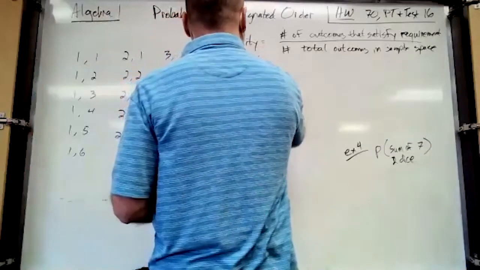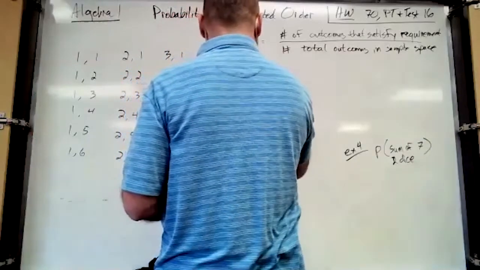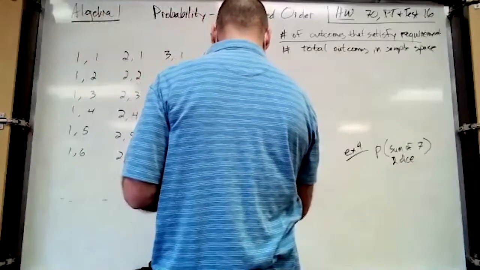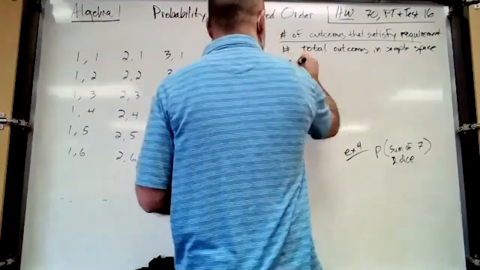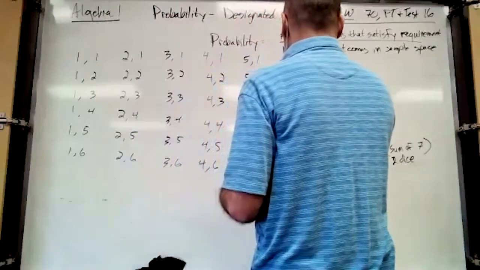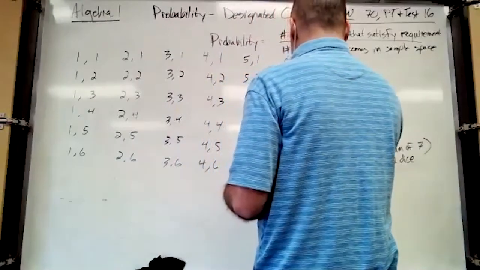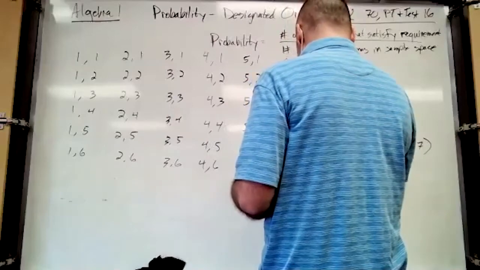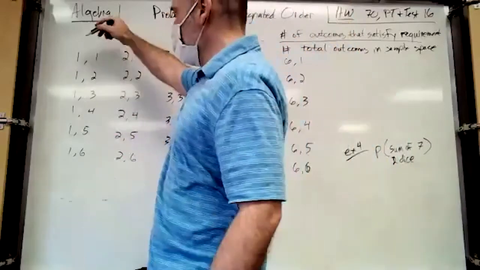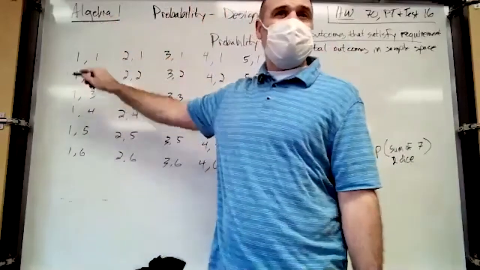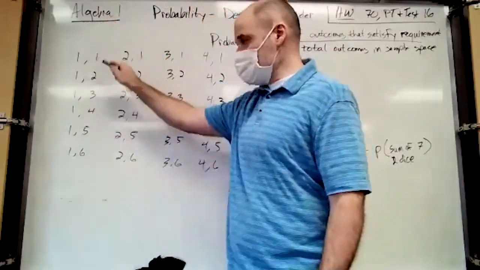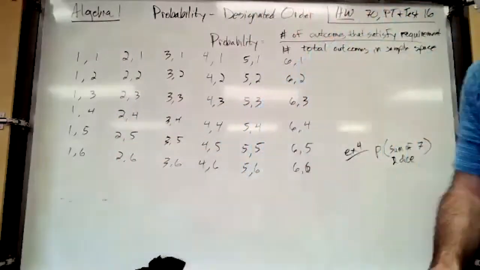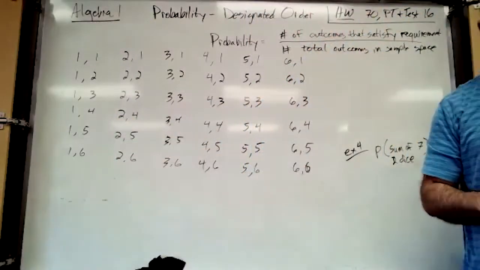This is a lot of work, but it's worth it so you can see it happening. You can see the visual of all the sample space here. See all these different possibilities, which makes sense because for every number that you get on the first die, you have 6 different possibilities. So 6 times 6. Now, which ones add up to 7?